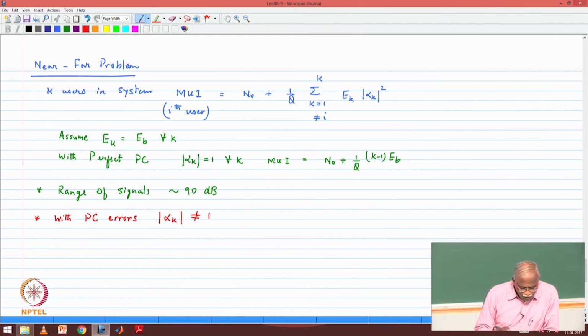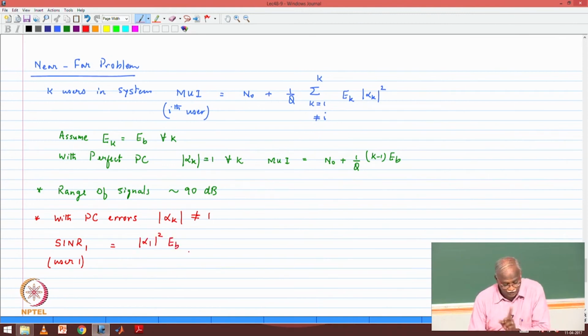Now, how does it affect the SINR of each user if power control is not perfect? So, the SINR of user 1, how does that look? The SINR of user 1 will be mod alpha 1 squared Eb, notice that it is not equal to 1, so I cannot drop it, Eb by N naught multiplied by DG1, whatever is the degradation that is going to be caused by the multi-user interference.